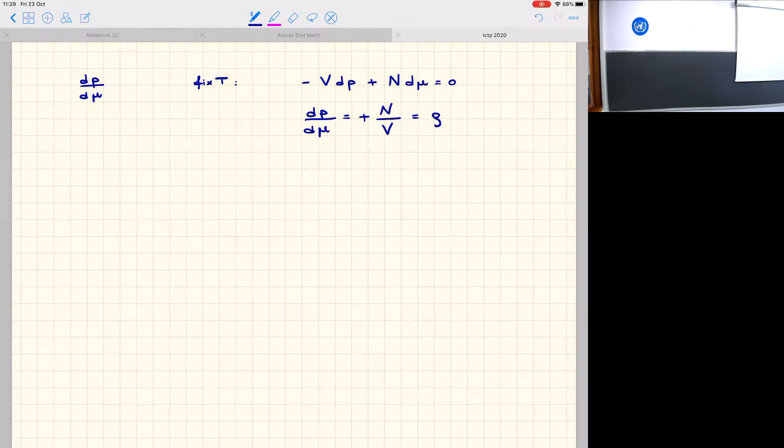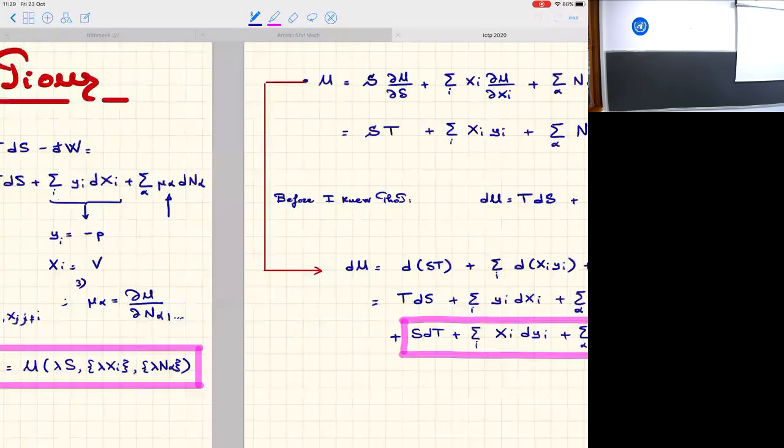Essentially, the fact that these functions are extensive constrains the ratio of differentials of intensive variables in your system. All right, so that's it for the Gibbs-Duhem relations.